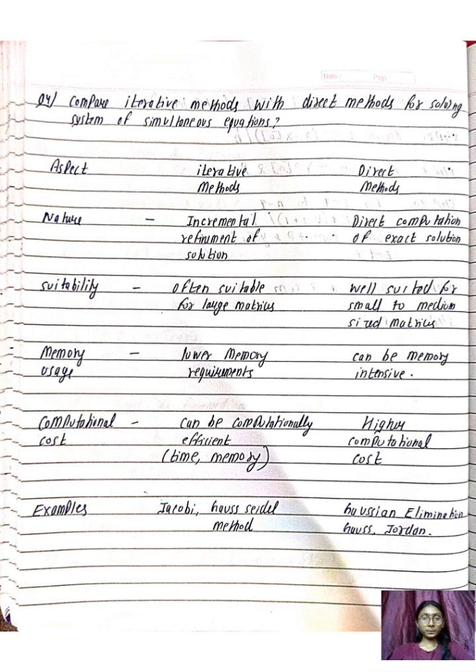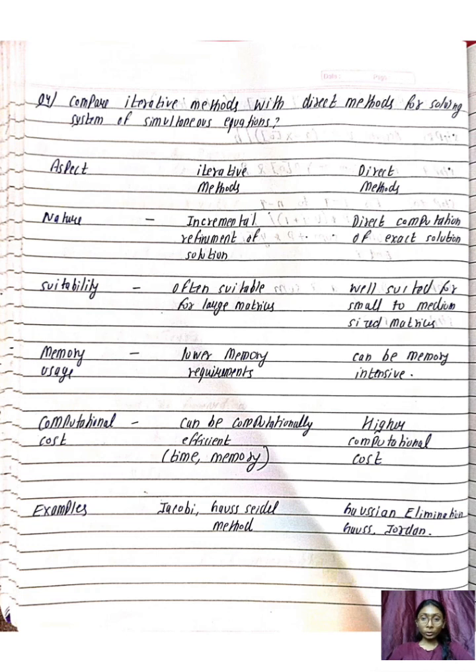Question number 4 is: compare iterative methods with direct methods for solving a system of simultaneous equations. Now we compare these methods, iterative methods and direct methods, by aspect. The nature of the iterative method is incremental refinement of the solution, and the direct method is computation of the exact solution. Suitability: iterative methods are often suitable for large matrices, while direct methods are well suited for small and medium sized matrices.